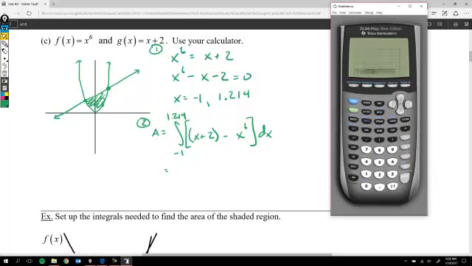We go to our alpha window menu, go to int, -1 is our bottom bound, 1.214 is our top bound. We have x plus 2 minus x to the 6th with respect to x, hit enter, and I get an answer. So that's using our calculator.